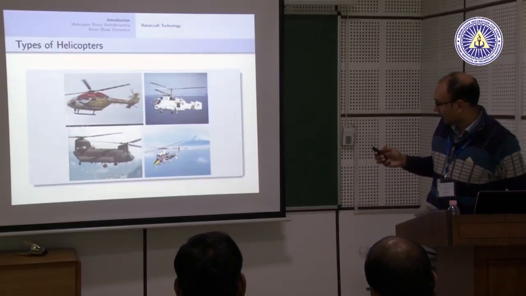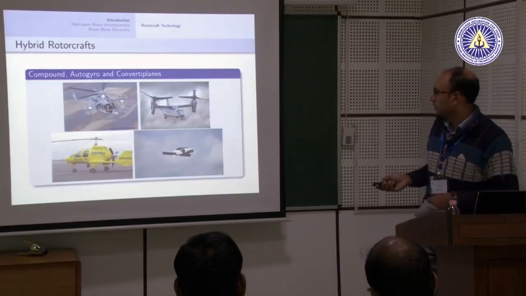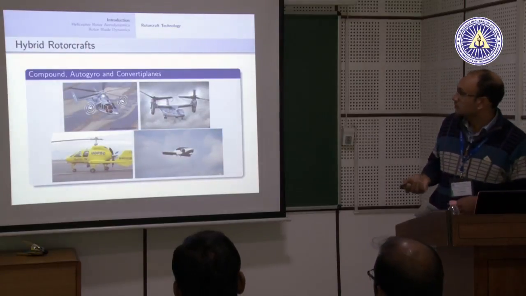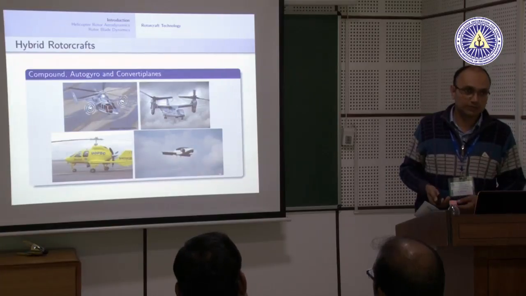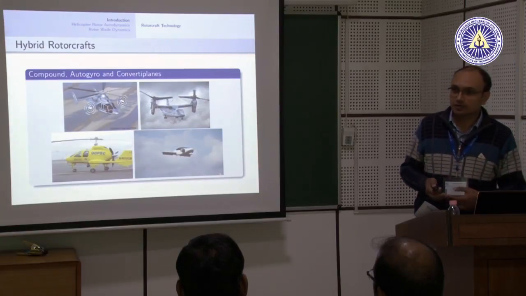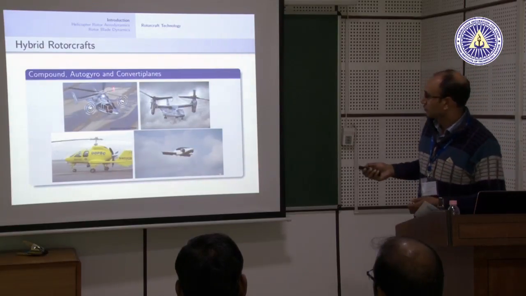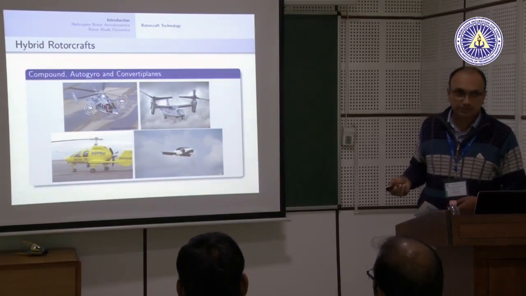So these are various types of what we call conventional helicopters, or pure helicopters I would say. Then there are a whole breed of upcoming VTOL vehicles, which are hybrid helicopters/aircraft, trying to combine the best from the world of aircraft and the best from the world of helicopters. So you have compound helicopters where you have a rotor and there is no tail rotor, and you have propellers, and there are small wings also, stub wings.